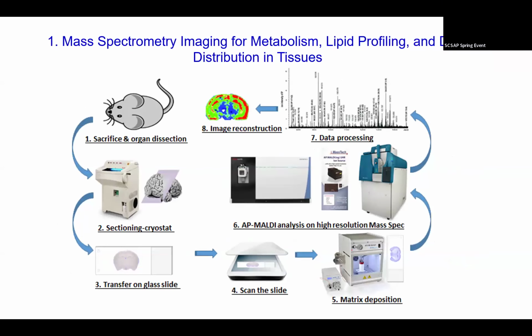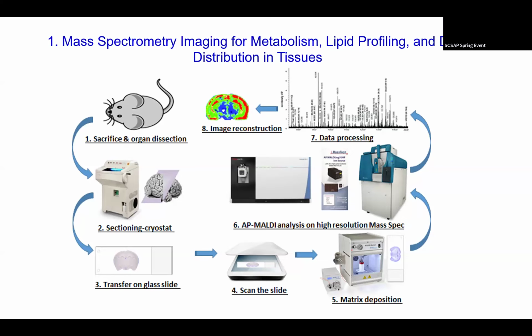Let me dive into a little more detail for each aim. Aim one is mass spectrometry imaging. In theory, we can image metabolites, lipids, drugs, small peptides, and small proteins. From the diagram, we take a tissue section from human or mouse, using a frozen section.